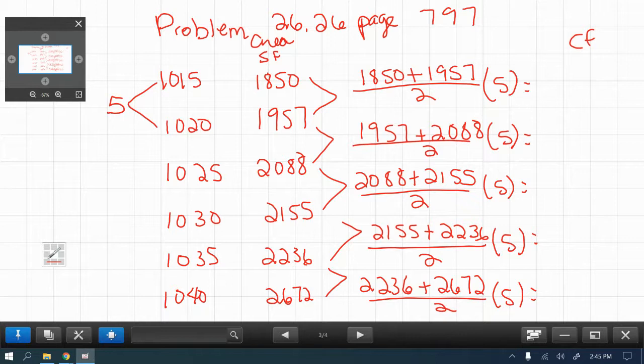Let me go ahead and put it back in. So like for that first one, the first one will be 3806.